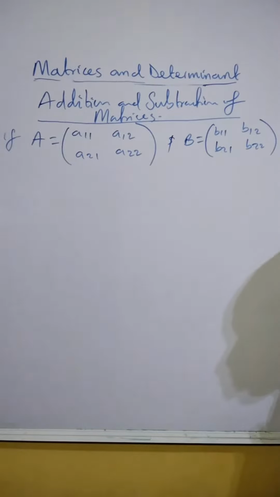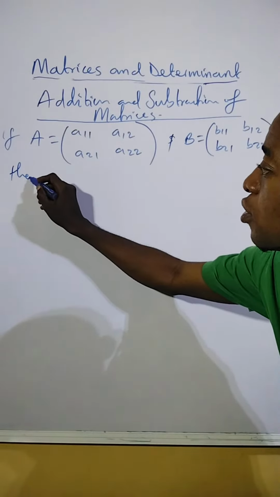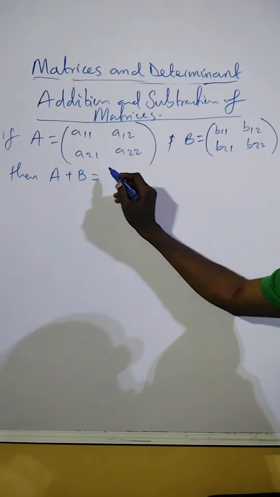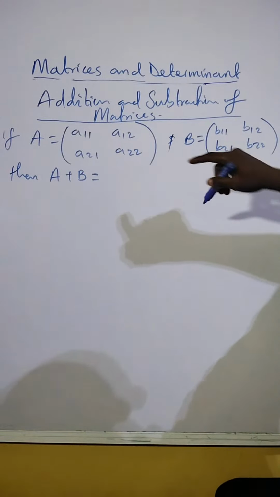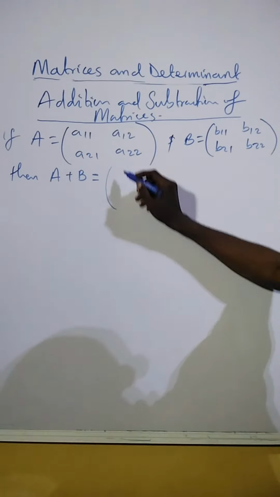Now we can add matrices A and B. Okay, so we can say then A plus B will be equal to the corresponding elements of A and B added. Okay, this is what we have.